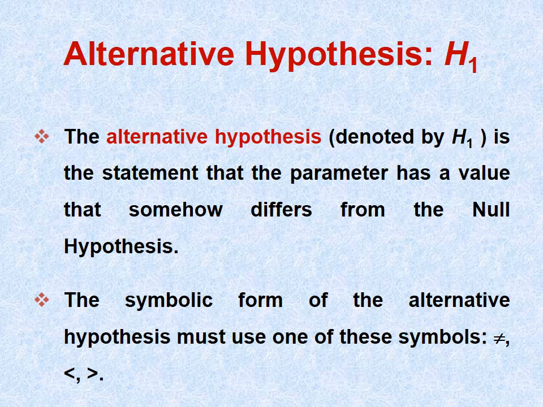Alternative hypothesis. It is a statement that the parameter has a value that somehow differs from the null hypothesis. The symbolic form of the alternative hypothesis must use one of these symbols: not equal, less than, or greater than.